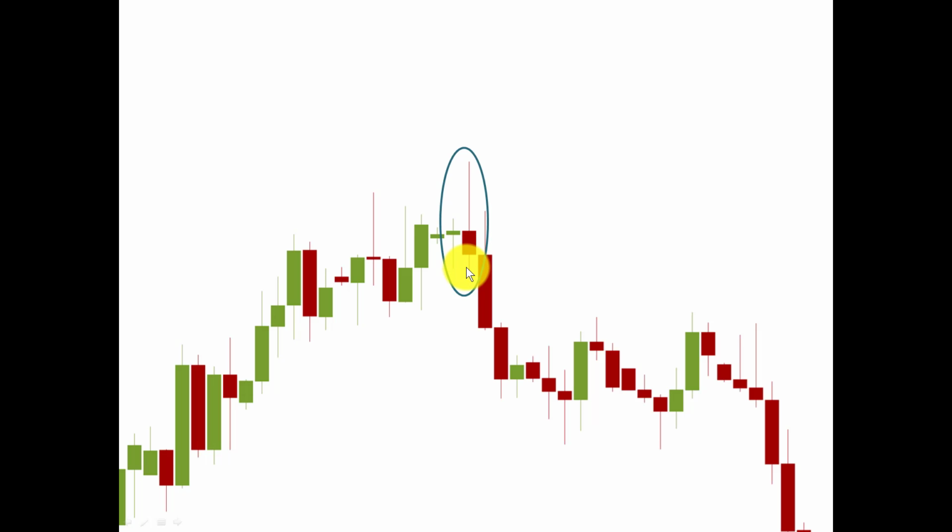It is like a lunar eclipse, eclipsing the previous candle, fully engulfing the previous candle's body. This pattern is very important because it shows that the sellers have overtaken the buyers and are pushing the price more aggressively to the downside than the buyers were able to push it up.